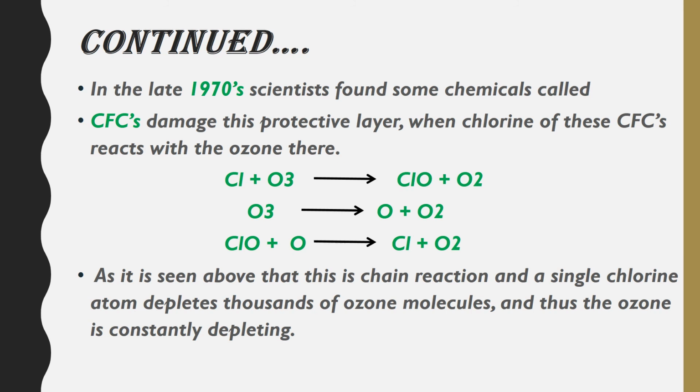As it is seen above, this is a chain reaction, and a single chlorine atom depletes thousands of ozone molecules, and thus the ozone is constantly depleting. This is how these CFCs deplete the ozone layer, which is in the stratosphere, and which protects us from highly energetic and dangerous ultraviolet radiations.